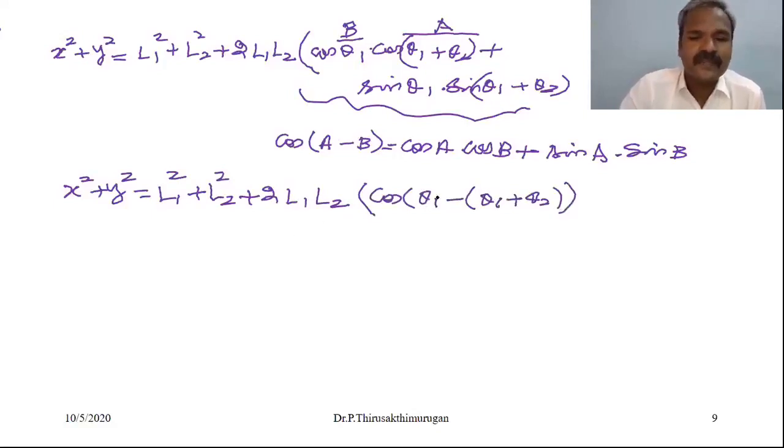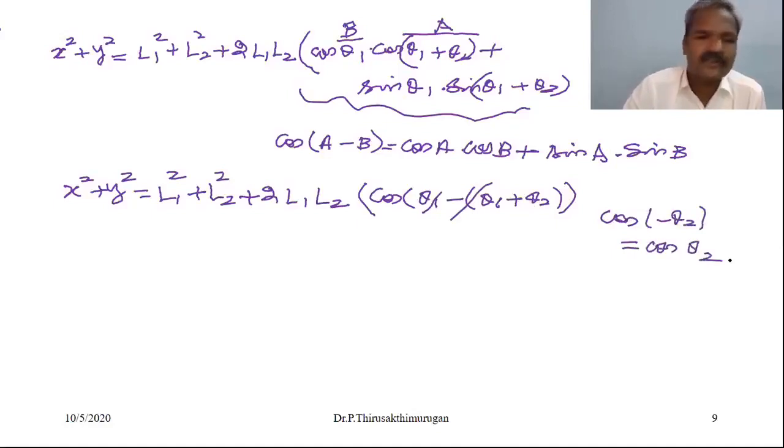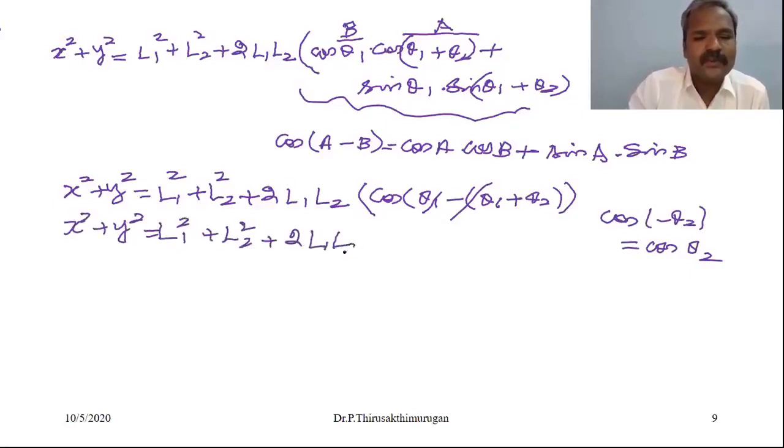If you remove the bracket, cos theta 1 minus theta 1 cancel, and we get cos of minus theta 2, which equals cos theta 2 only. So finally, x square plus y square equal to L1 square plus L2 square plus 2 L1 L2 cos theta 2.